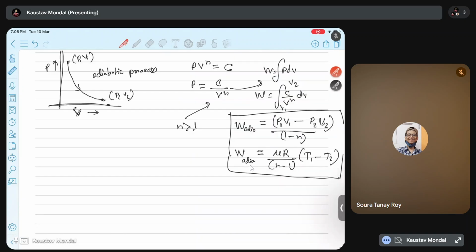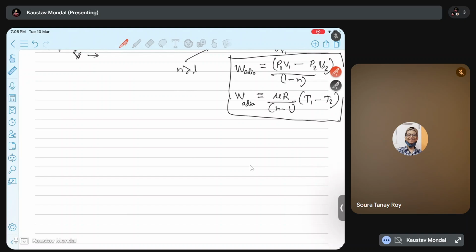In general, if some kind of process is given, not a cyclic process, let's suppose from point A to point B, you can also calculate from the perspective of geometry.